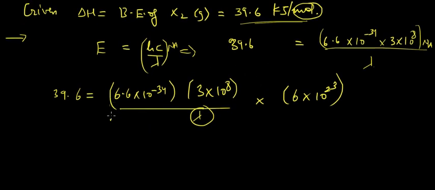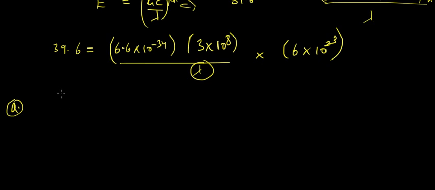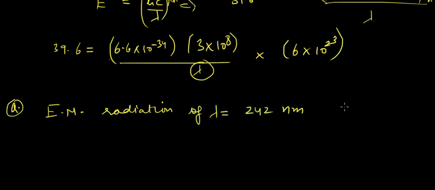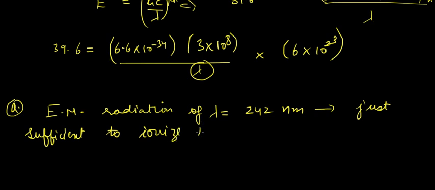So, coming to the next question, you have been given that the electromagnetic radiation, so you have to calculate the energy of radiation of lambda equals 242 nanometer is just sufficient to ionize a Na atom.